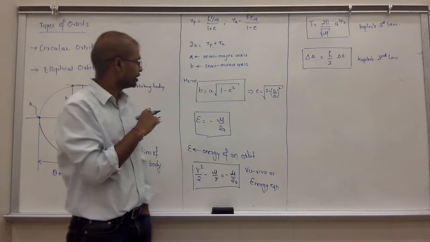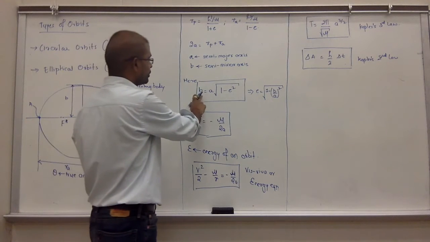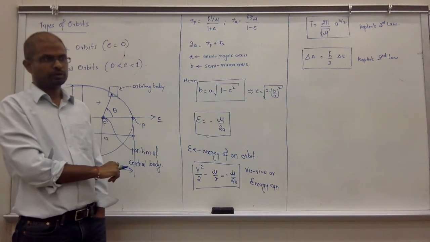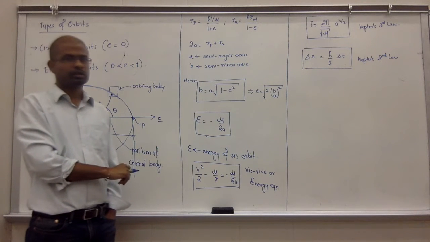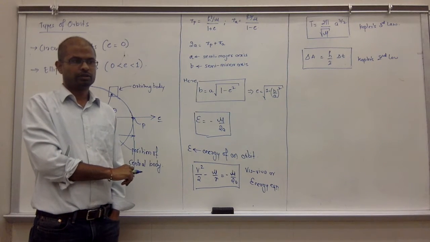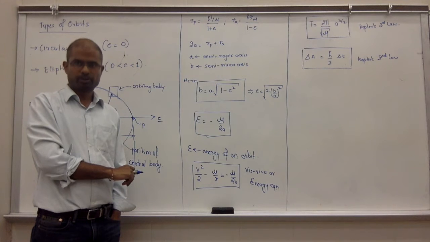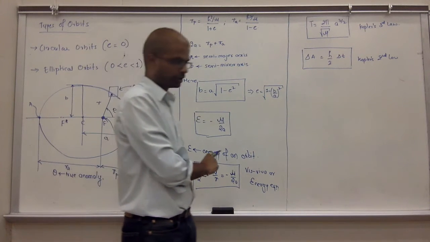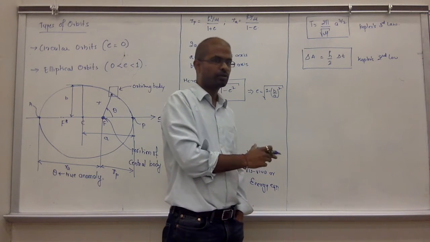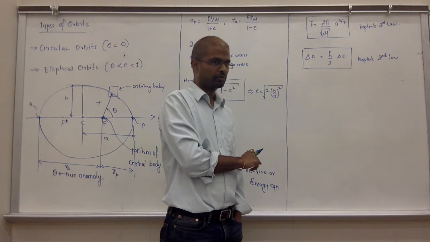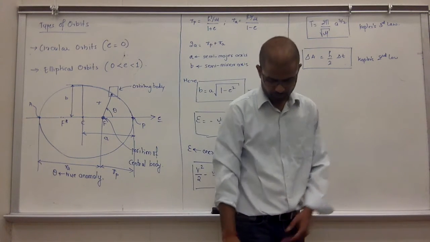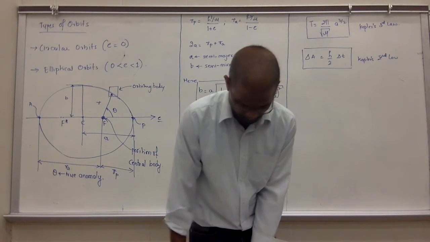A circle is an ellipse with A equal to B. When A equals B, that's a circle. All circles are ellipses, but all ellipses are not circles. Right. So a circle is always an ellipse. A circle is just a special case of an ellipse.